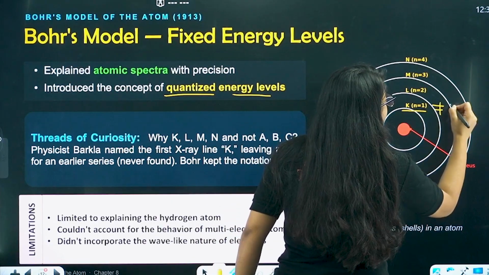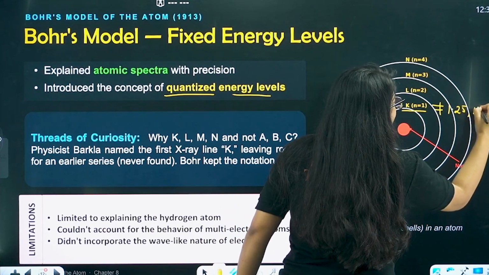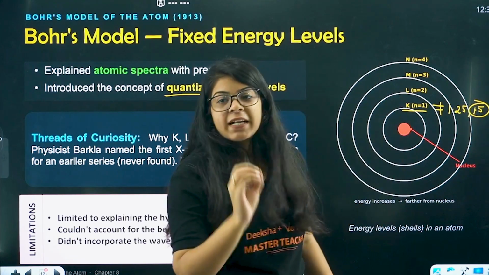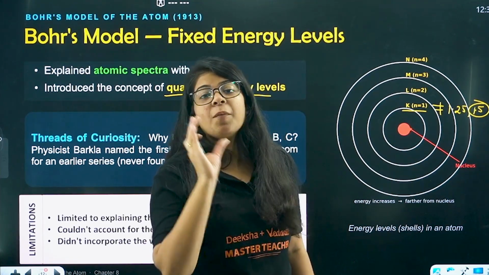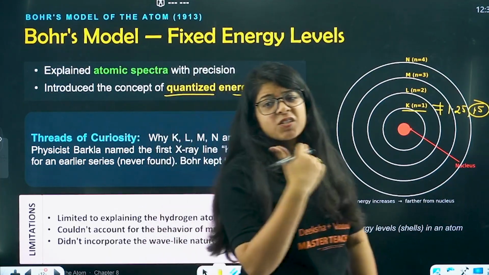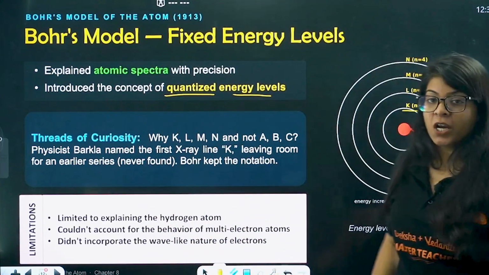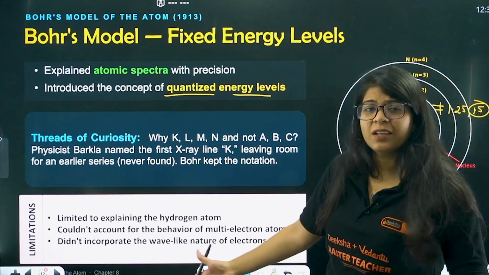It cannot be a decimal value. The energy will always be quantized, a proper, fixed number; it cannot change. Now why are these called K, L, M, N? It's written here, you can learn that.